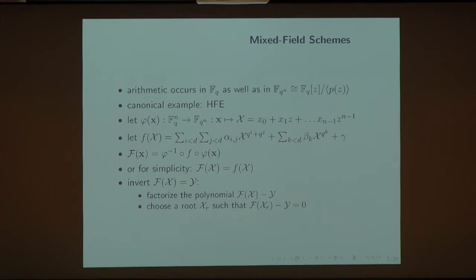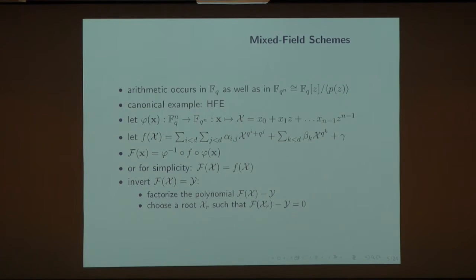The canonical example of mixed field systems is HFE, in which there is an embedding function. So you identify vectors of base field elements with extension field elements, and that's what phi does. And then once you have an indeterminate over the extension field, you can define a polynomial over the extension field and use that as the central thing in your cryptosystem, as a central map.